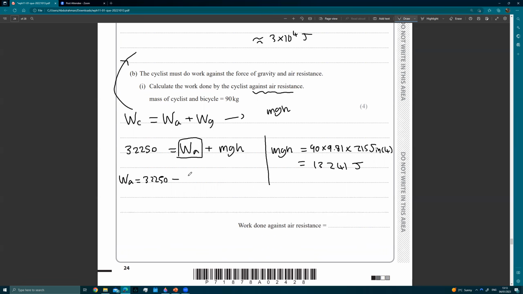So minus 13241, we get, if I round to two significant figures, which is what I'm going to do, 1.9 times 10 to the 4 joules, because it's energy, work.